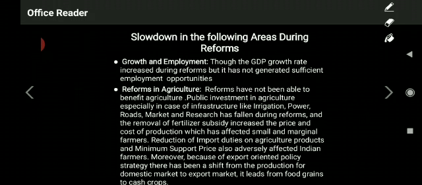Moreover, because of the export-oriented policy strategy, there has been a shift from production for the domestic market to the export market. It leads from food grains to cash crops. Again, what happens here? Government of India has declared the export-oriented policy strategy. It means the Government of India has given greater importance to exportable items.